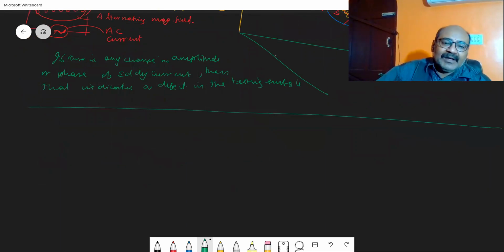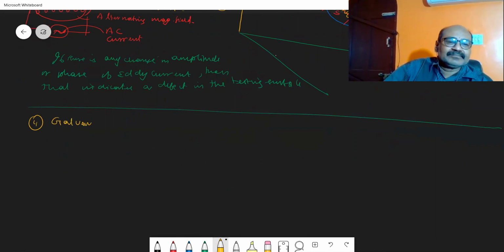And finally, we have the fourth one called galvanometer damping. What do you mean by this galvanometer damping? Have you heard about this galvanometer?